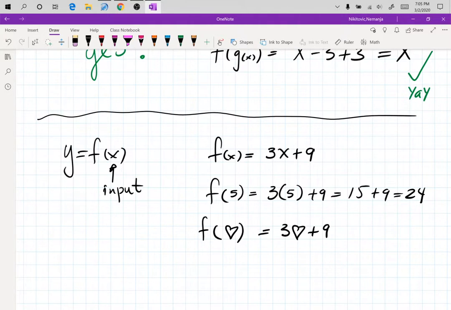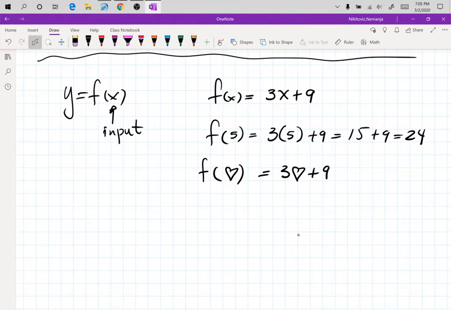Now, function composition is a way to take two functions, mush them together, and create a new function. And the new function will be just a function again, which you can plug in any number and compute values again.